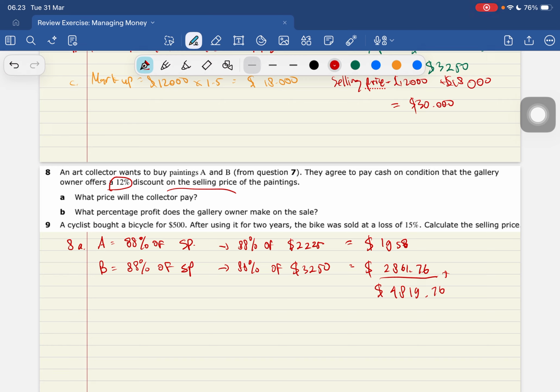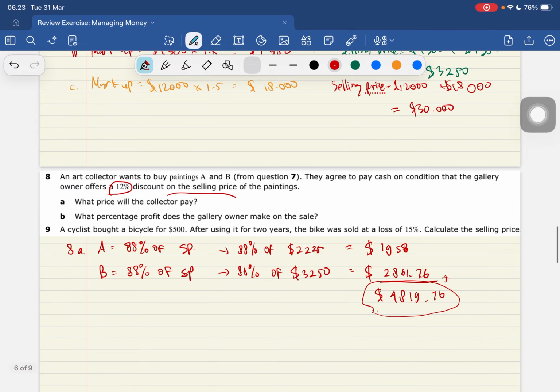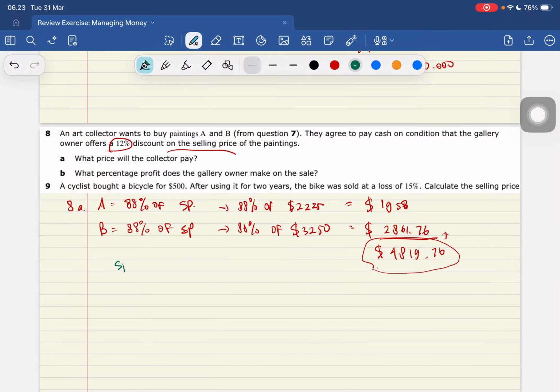Okay, let us put it all together, A and B, as the total. So to find the percentage profit, we take the selling price, subtract the cost price, divide by the cost price, then multiply by 100.